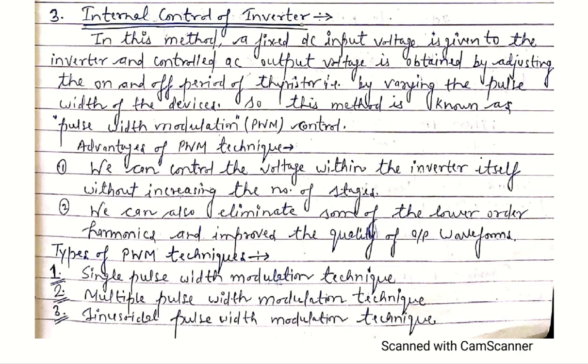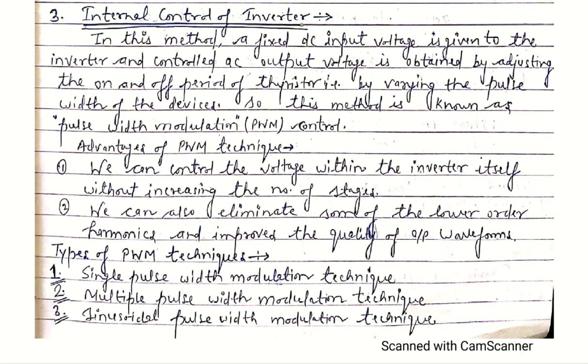So the number of stages is reduced because internal control is applied in the inverter itself. The second one is that we can also eliminate some of the lower order harmonics, so it improves the quality of the waveform. The controlled output voltage waveform obtained at the output side of the inverter has fewer harmonics, and improved quality of the AC voltage is obtained.